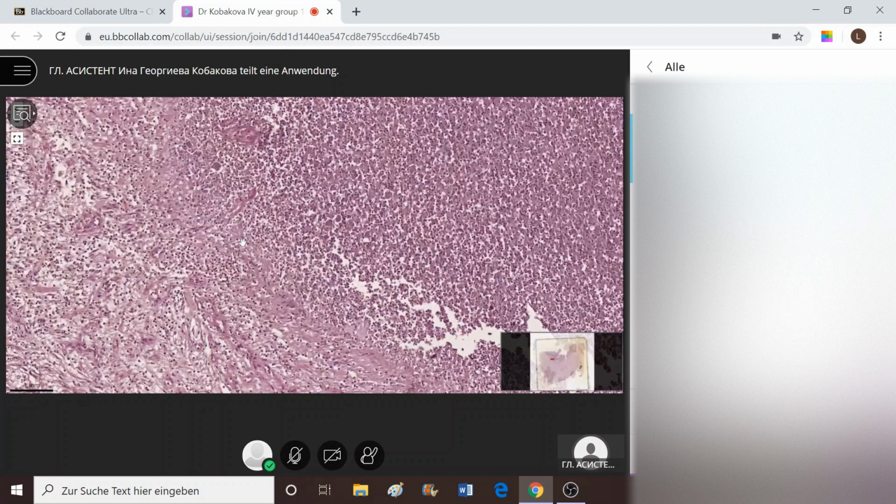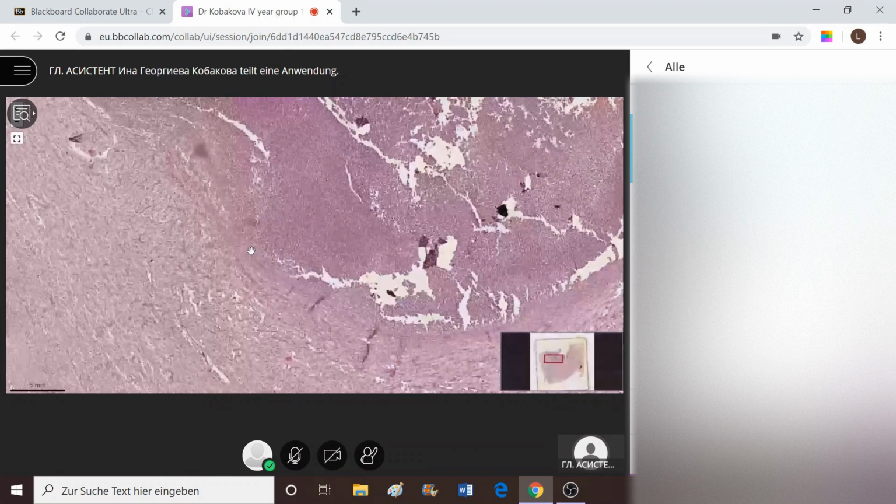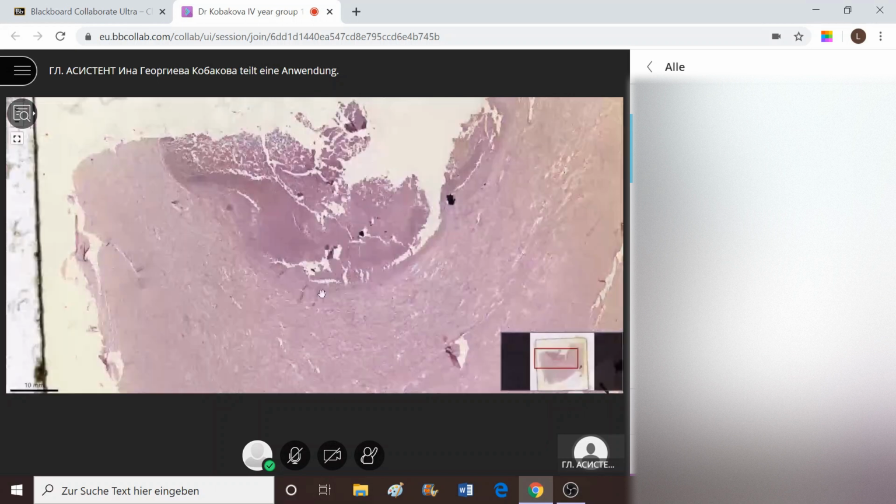But most of the time, we should not be able to observe a clear and classical pyogenic membrane with granulation tissue and with fibrous tissue strands around the abscess cavity, because it's impossible. We don't have fibroblasts positioned in the brain.